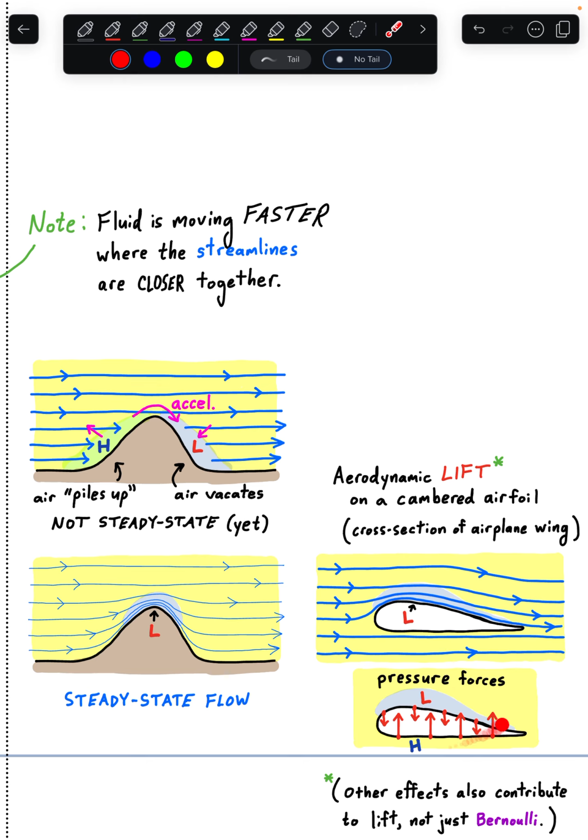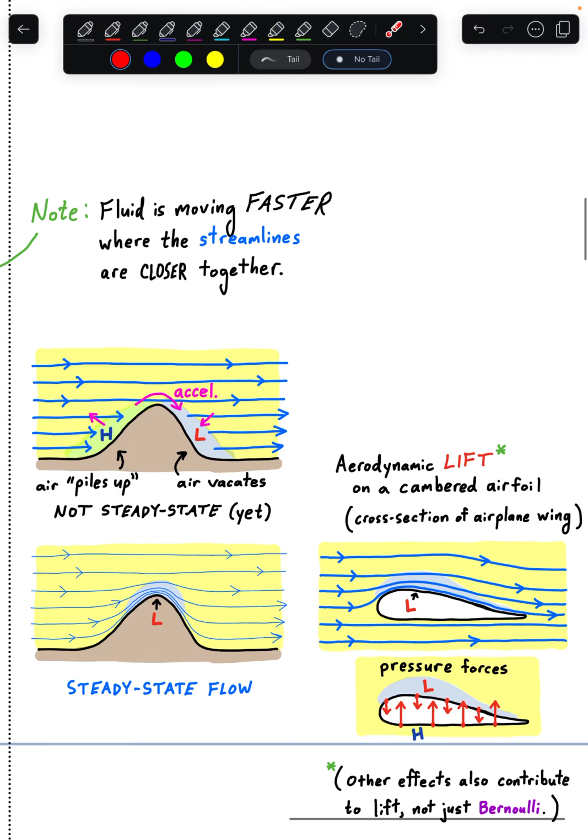And then if you look at the pressure forces on that wing, with high pressure below pushing up on the wing, but a lower pressure above pushing down on the wing, the net pressure force is going to be upward on this wing in this circumstance, giving us an upward lift force to help keep the plane aloft. So there is how we can get aerodynamic lift from this Bernoulli effect from the continuity equation. I should note that there are other effects that also contribute to lift, not just the Bernoulli effect.